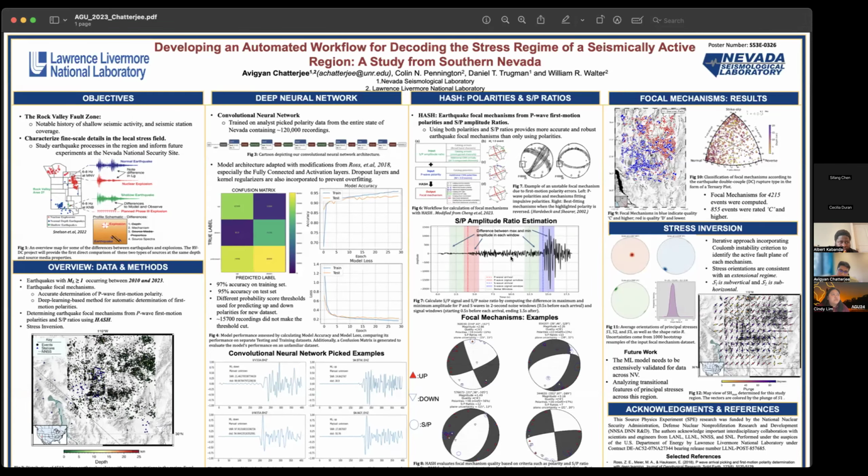So I would strongly urge people preparing their posters to go through the AGU recommended font styles, font sizes and stuff like that, and I would follow that to the word, I would say. So I did exactly that.